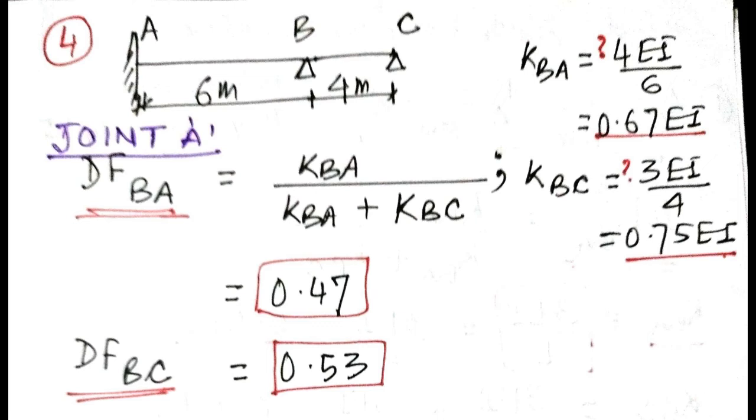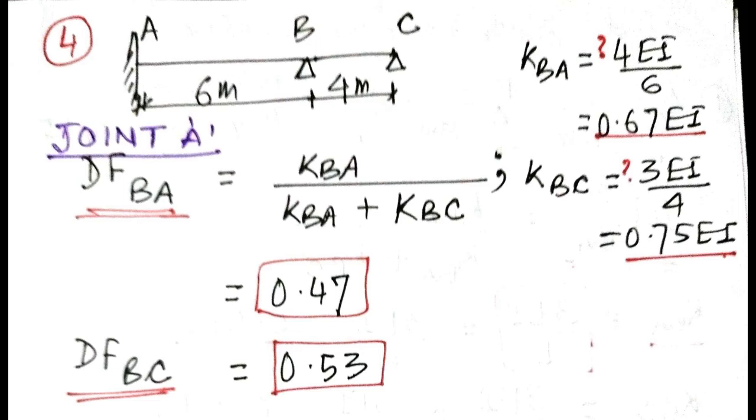Let us look at another example. ABC is a beam. The A end is fixed. AB is 6 meter, BC is 4 meter. So let us start at joint B. Joint B has BA and BC.